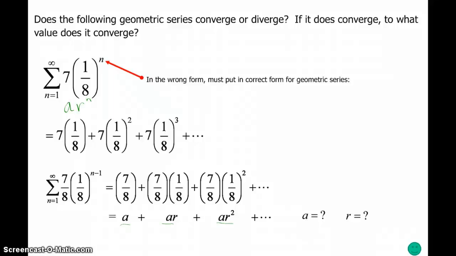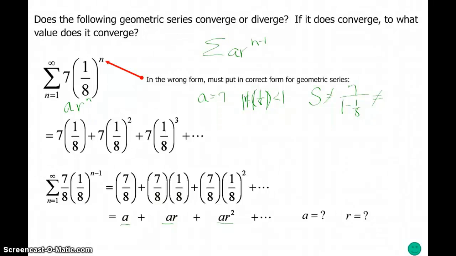A lot of students would look at this and say, okay, well, a is 7, r is 1/8, absolute value of r is less than 1, and therefore the sum would be 7 over 1 minus 1/8. Which is not true. The sum is not going to equal that because it has to be in the form of a times r to the n minus 1.